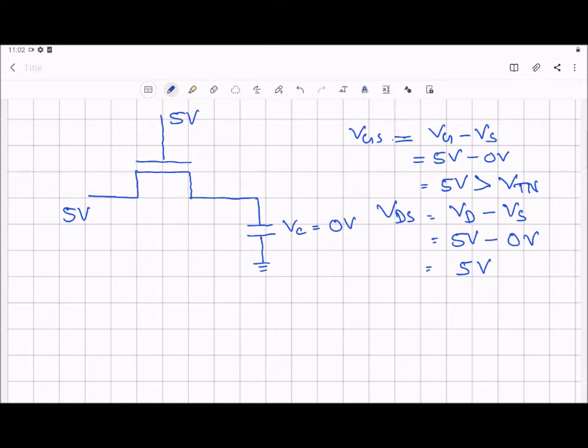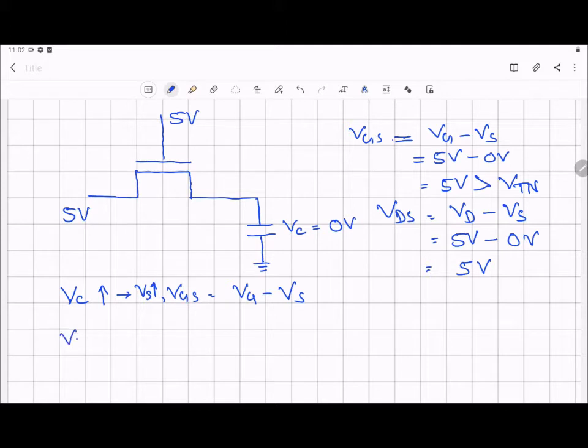As ID flows, it is going to charge the capacitor and VC is going to increase. As VC increases, VGS, that is equal to VG minus VS, is going to decrease because VS also increases with VC.